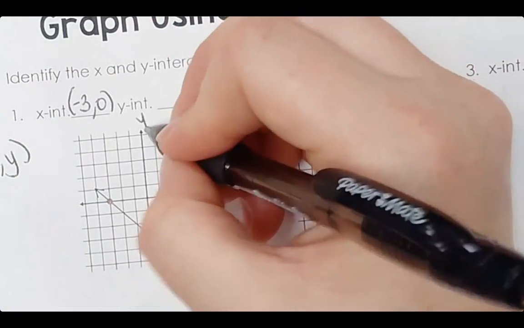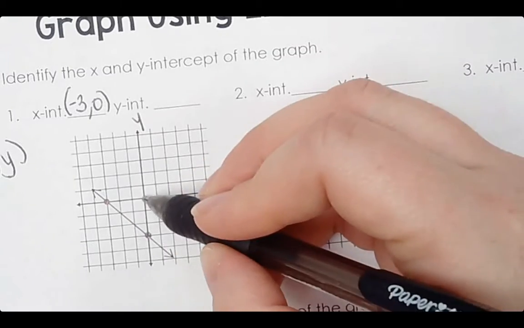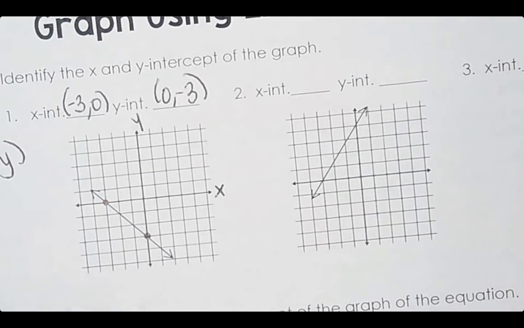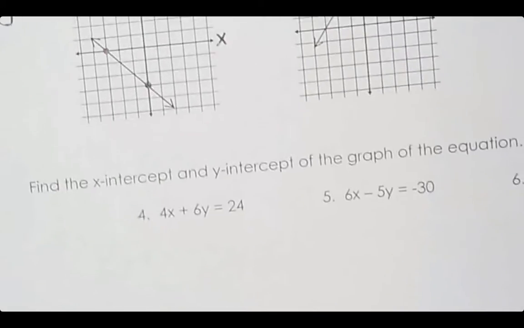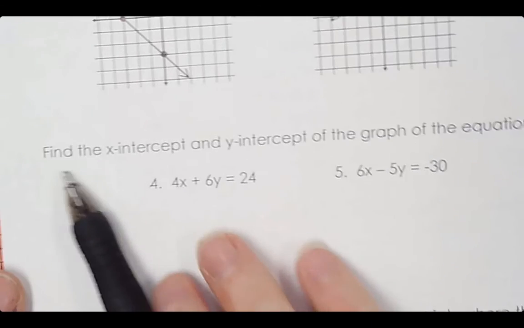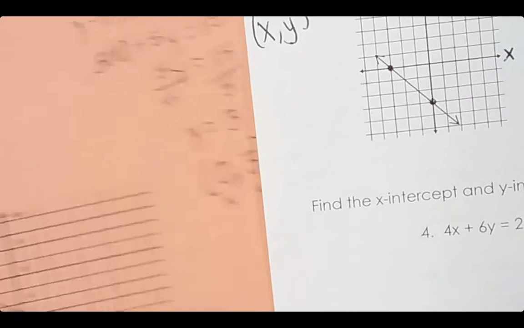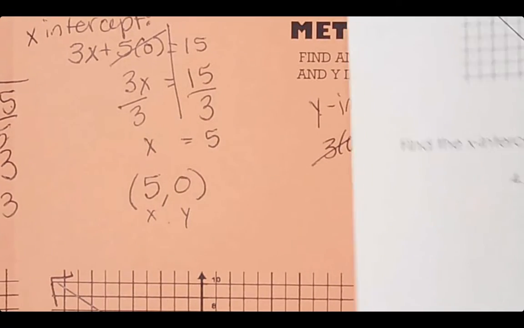And then our y-intercept is at 0, because we're not going left or right, -3. Part 2 says find the x-intercept and y-intercept of the graph. So that is doing just what we did on method 2, which was finding the x and y intercept.